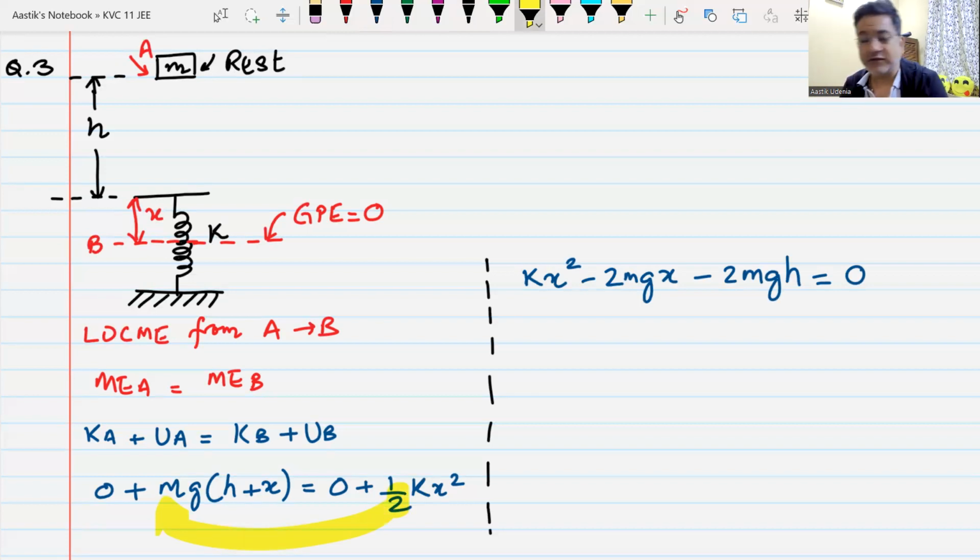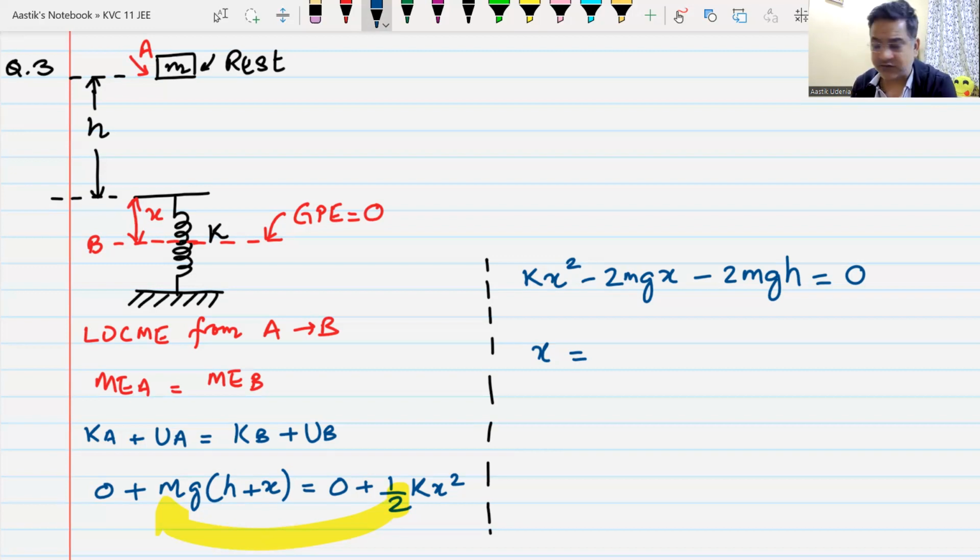Now, I hope you know how to solve this quadratic equation, yes or no? Once you solve this quadratic equation, you will get two values. One value will not be possible. The other value is the value that we are going to take. So what will be the value of x that we are going to get? Remember how to solve this quadratic equation? Anyone can tell me the answer?